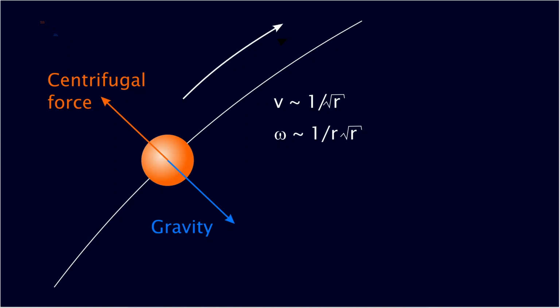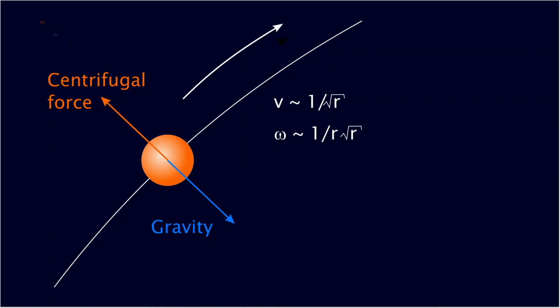And centrifugal force, in addition, also depends on the velocity. So the faster the satellite is moving, the stronger the centrifugal force. Now, if you set up an equation where the centrifugal force and the gravity have the same value, otherwise the circular orbit won't be stable, then you can solve this equation for velocity, and you will end up with the relations which I have indicated here.